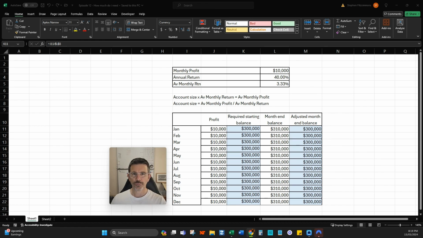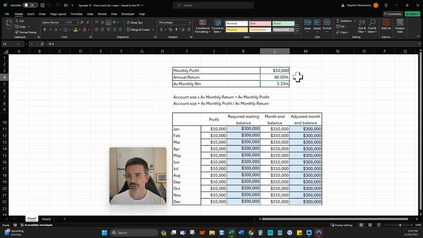Okay, so let's get into it. The spreadsheet that you can see on the screen takes into account some of the things I mentioned earlier on. So we had a trader who was asking about a monthly profit of $10,000. All right, so I thought I'd put this little thing together. Let's assume that they can make an annual return of 40%, and the trader's done their back testing, they've had their strategy, they've back tested it, they've managed to put together a portfolio that's returning 40% a year.